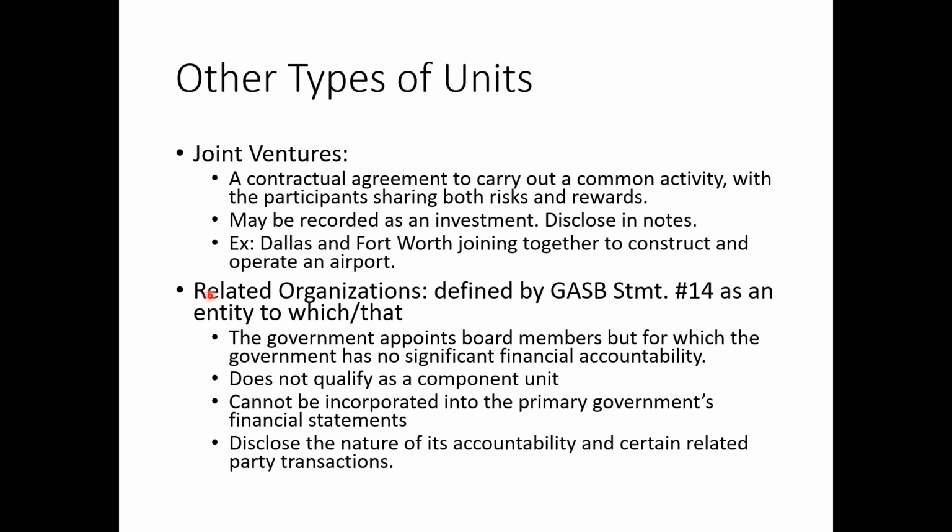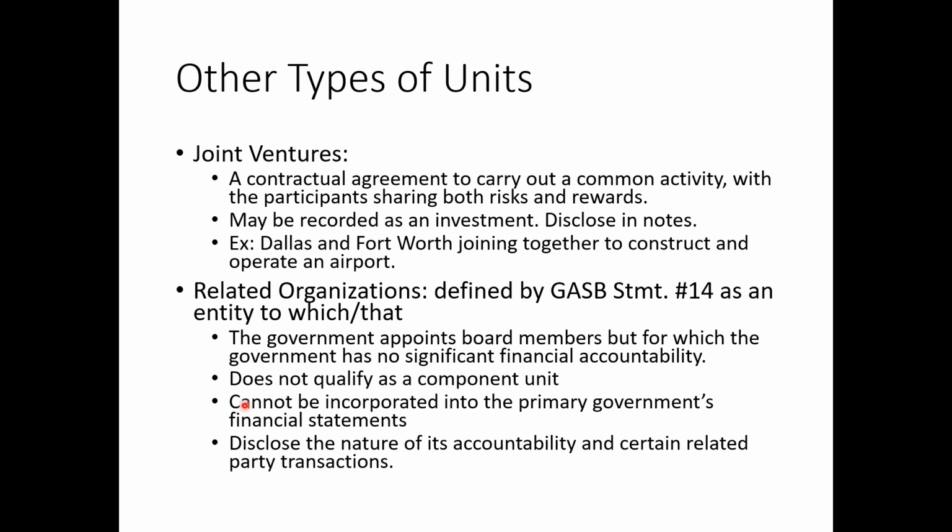And also it could be a related organization. So what is a related organization? The government appoints board members but has no significant financial accountability. So it does not qualify as a component unit.